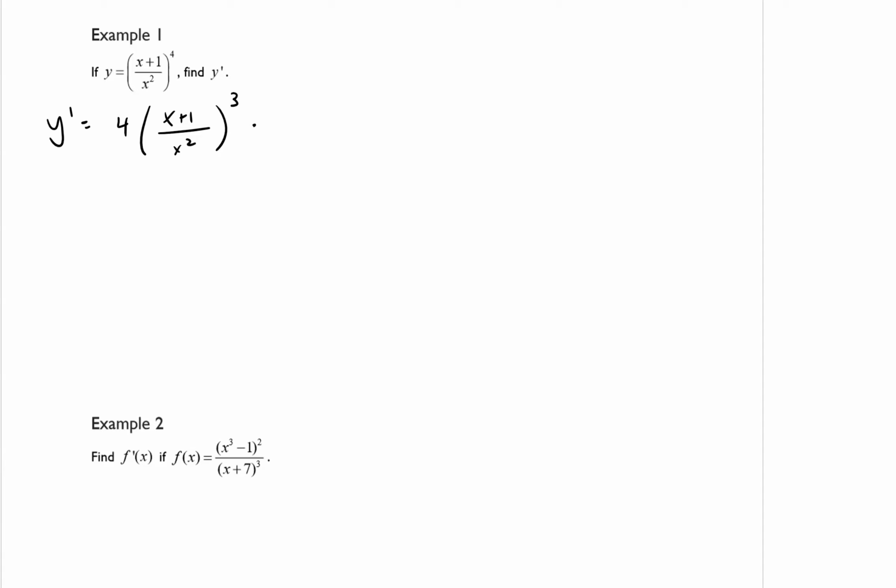quotient rule. So let's see, we'll have the bottom times the derivative of the top minus the top times the derivative of the bottom all over the bottom squared. And let's go ahead and simplify that a little bit.